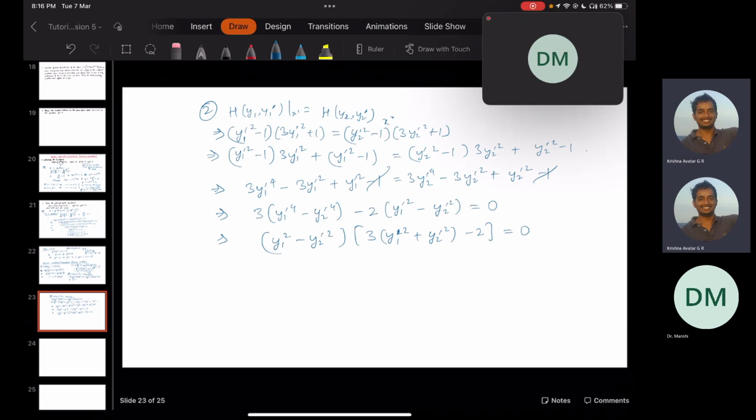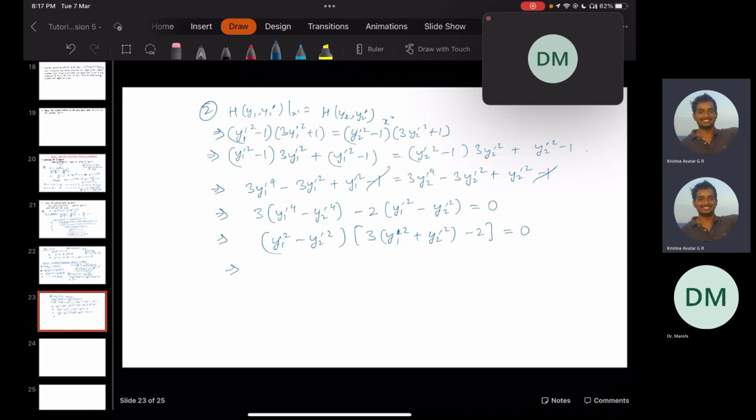Now for this to hold always, we must have either this has to be 0 or this has to be 0.